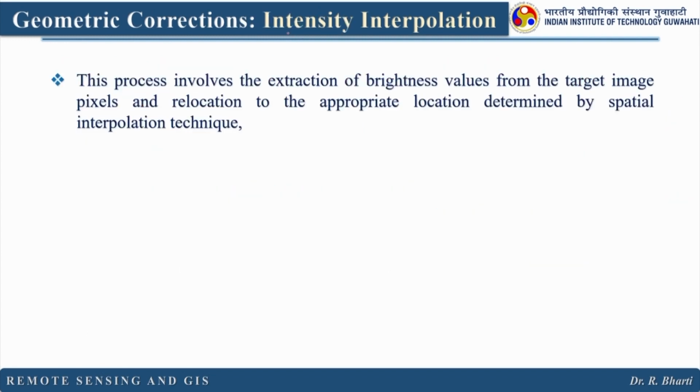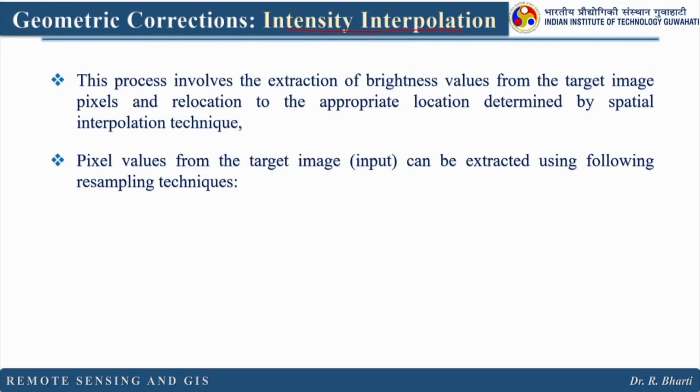So, now we will see the intensity interpolation. This process involves the extraction of brightness value from the target image pixel and relocation to the appropriate location determined by the spatial interpolation technique. Basically, you are going to extract the values of those pixels from the raw data, and you want to fix them in the new frame where your locations are correct, right.